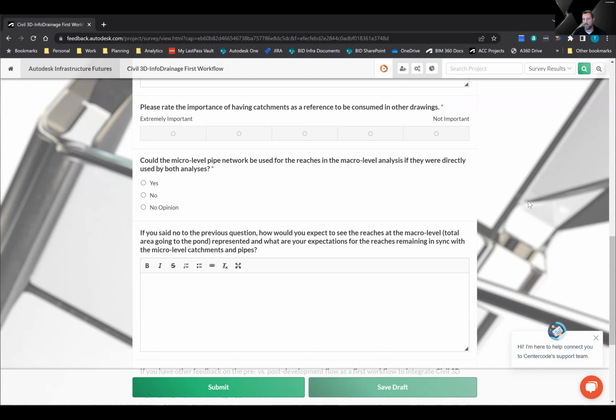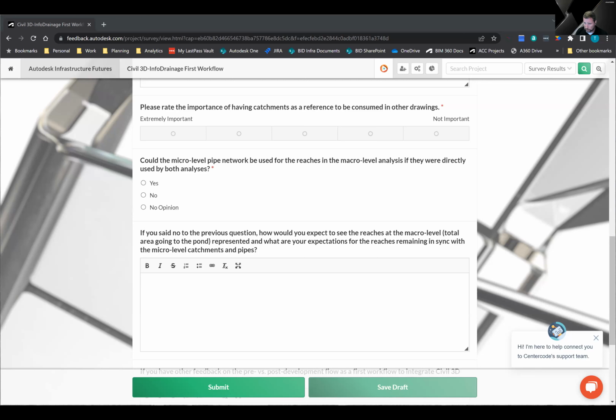Today a lot of people are doing separate analyses, so they're doing a macro level catchment instead of all the individual catchments to the pipes when they do the storage. We're wondering how important it is to continue that type of workflow, or if everything's in the model anyway, can we just get by with using each of the individual pipes as reaches?